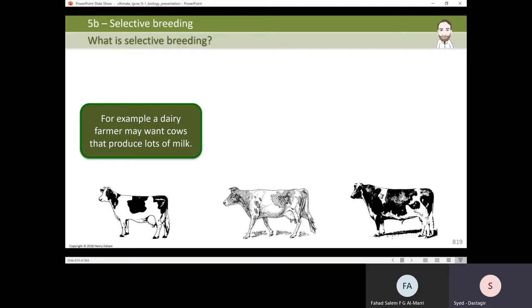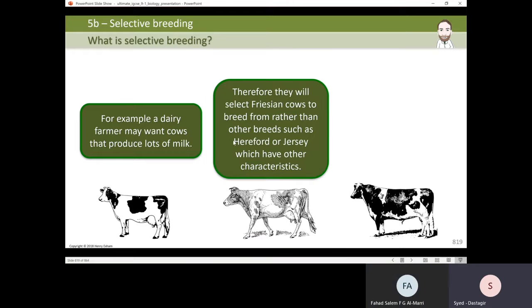So, for example, a dairy farmer may want cows that produce lots of milk. Obviously, if you're a dairy farm, what's dairy, Fahad? Milk products. Yeah, milk products, good. So they're going to select the best cows to breed, which have the best characteristics for producing milk.